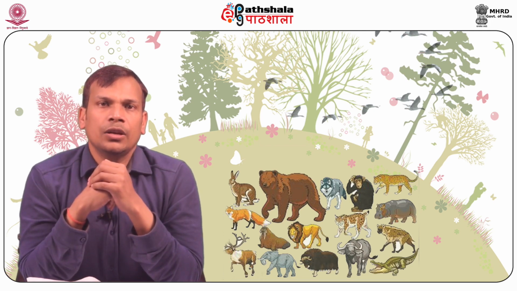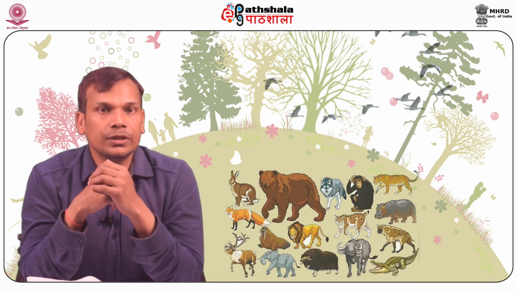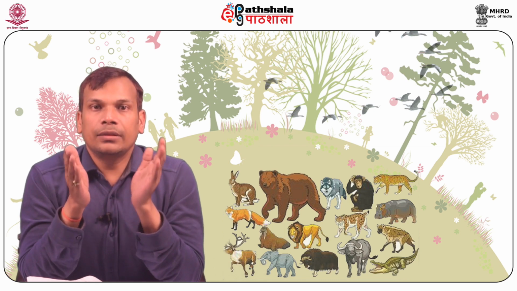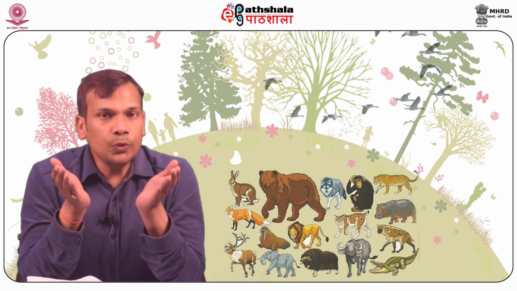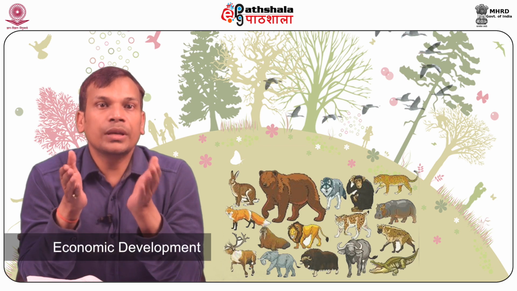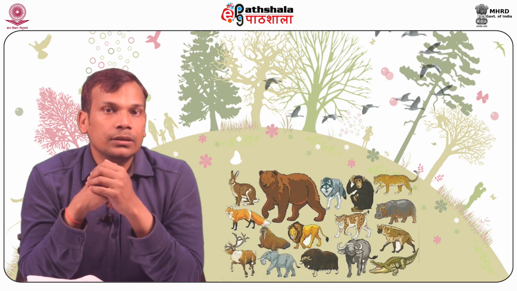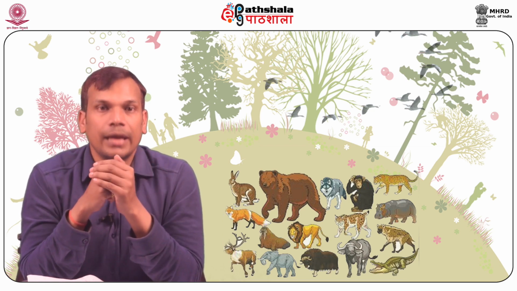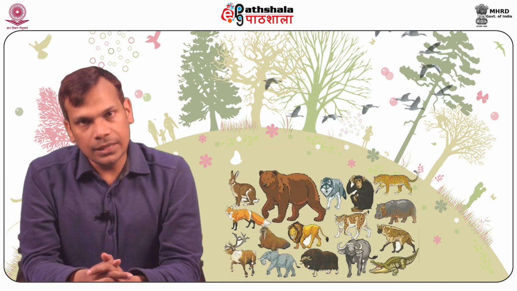Demographer Frank Notestein in 1945 also observed a typical pattern of falling death rate and birth rate due to improved living conditions accompanied by economic development. He called this pattern demographic transition, from high birth and death rate to lower birth and death rates.